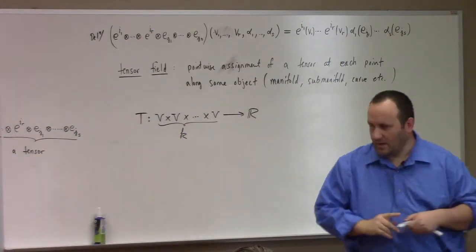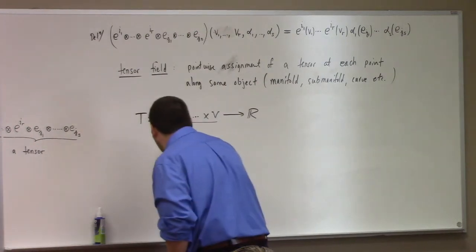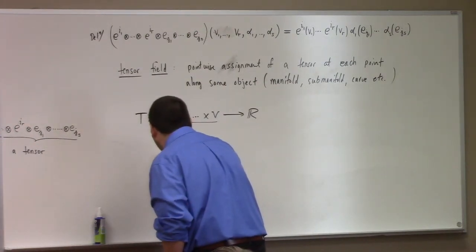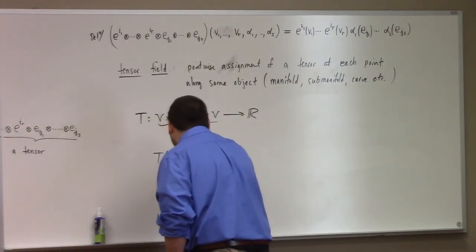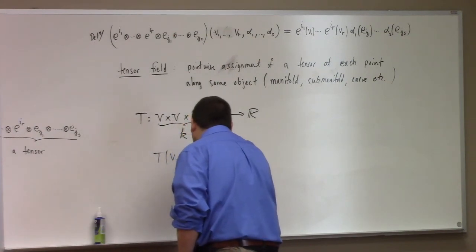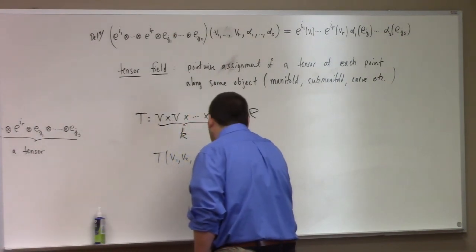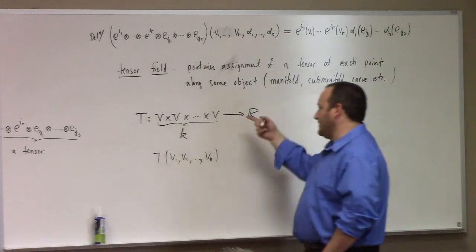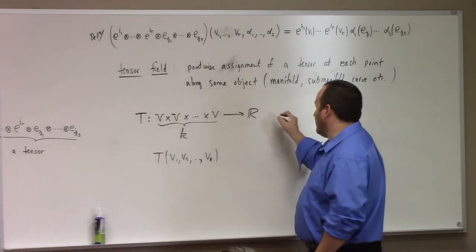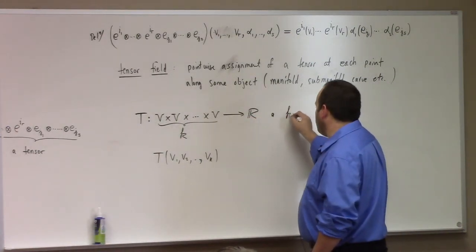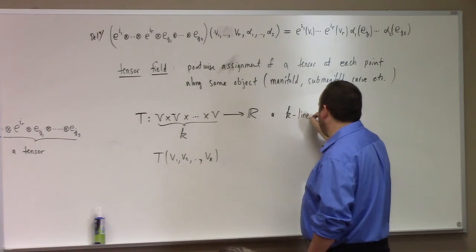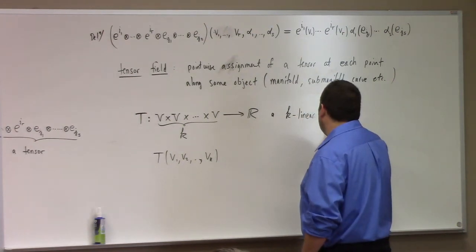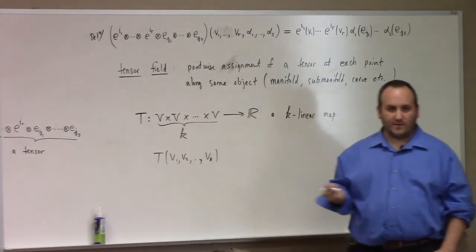So if we instead use v's, v1, v2, through vk, suppose this is a tensor. You could also call it a k-linear map in this case, because it's got k inputs.